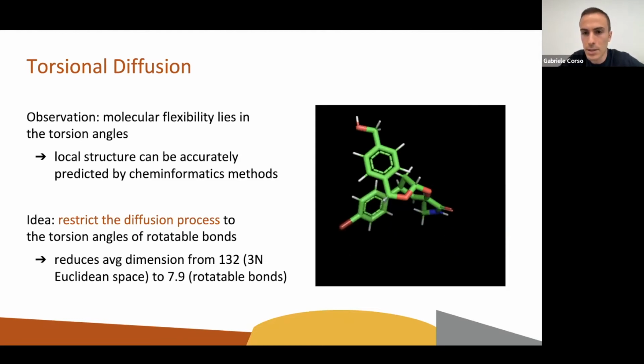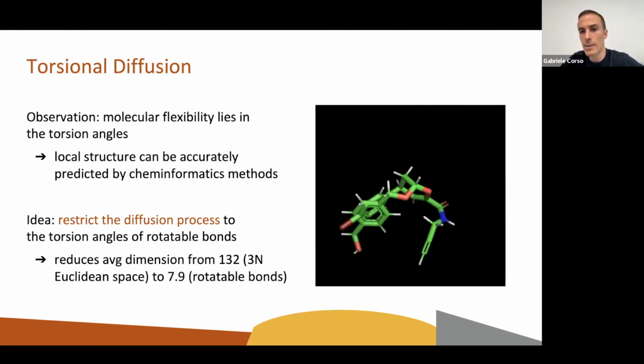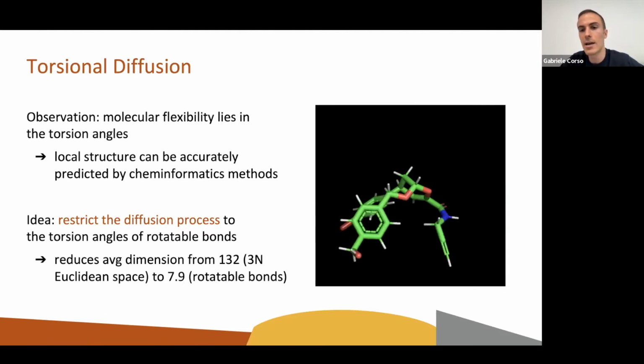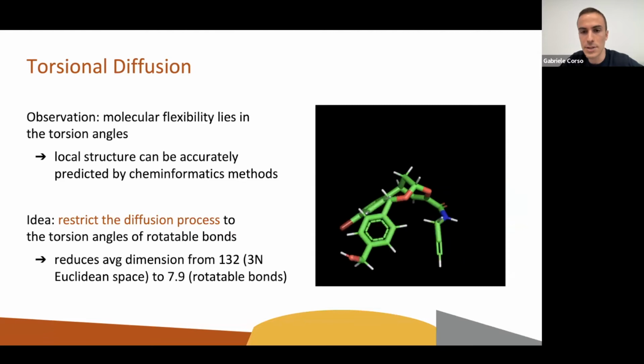Bowen is going to introduce a bit more what a rotatable bond is, but you can look at the figure: basically any bond that is rotating, which is any bond that is not in any cycle and is not at the edge. Maybe Bowen is going to introduce it a bit more carefully.